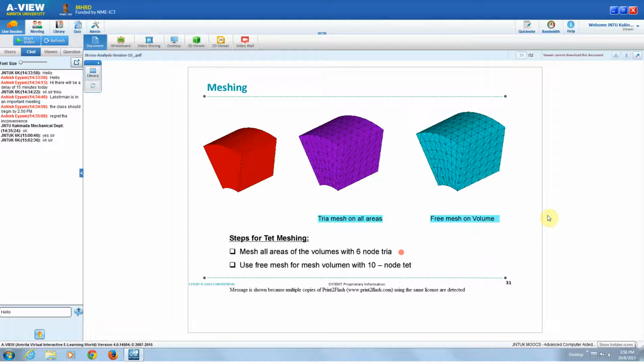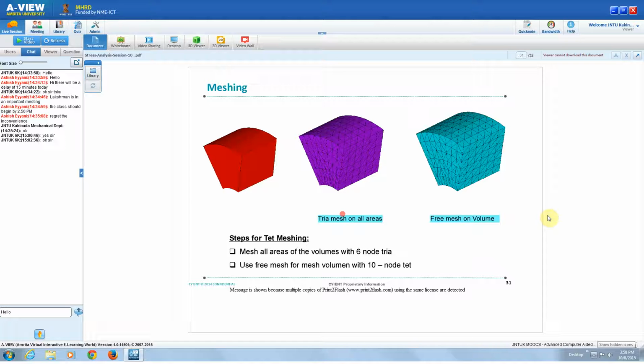In the 10 noded tet, the 3 noded tria is linear, and the 10 noded tet consists of mid-side nodes. That means if I take this face, I will have 6 nodes. So we need to select this 6 noded tria and mesh all the areas.